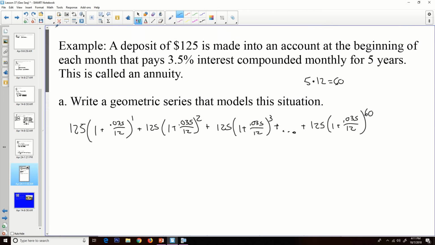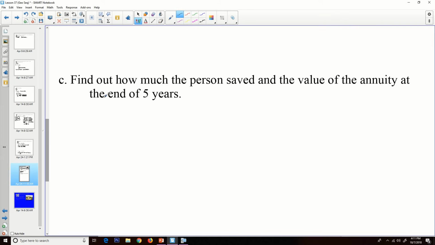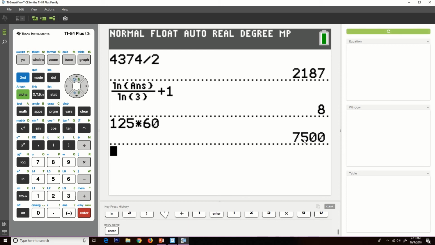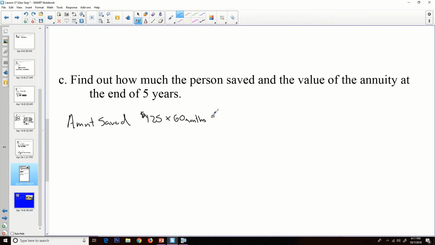If I keep adding $125 every month, then the amount saved would just be $125 times 60 months. 125 times 60 is $7,500. But we want the value of the annuity.